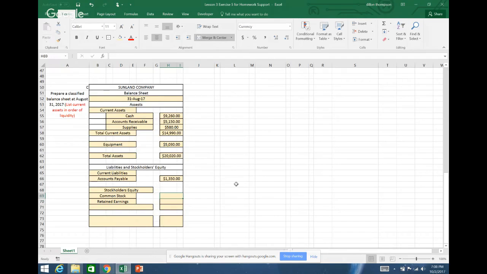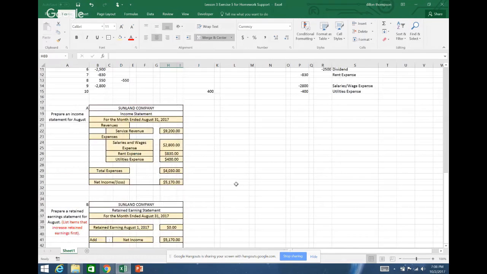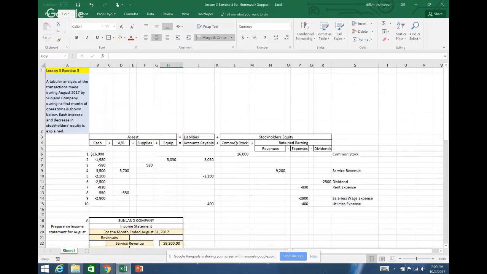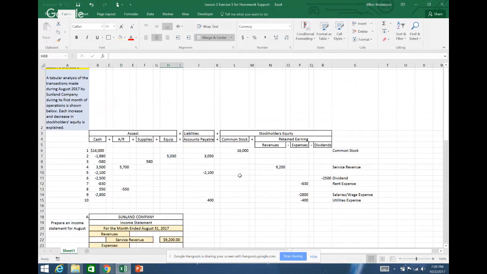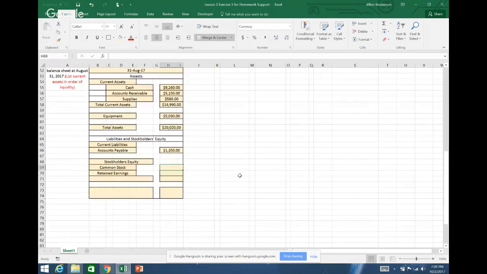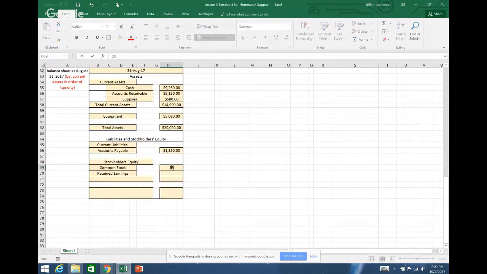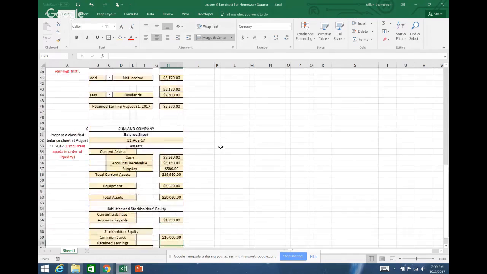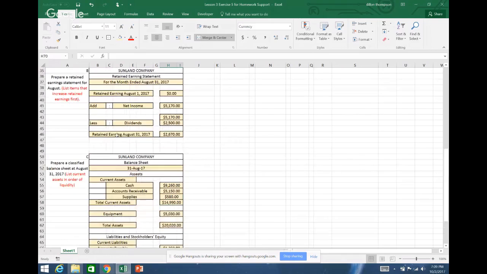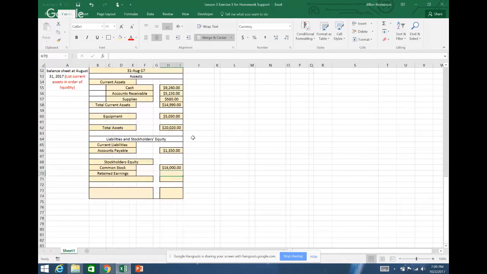For common stock, when we come up here under stockholders' equity, we have the part of common stock, which is 16,000, or anything that is added in this account. In this case, just one. So it'd be 16,000. Retained earnings. Again, we filled out a retained earnings statement, and this would be the retained earnings ending August 31st, 2017, which is $2,670.